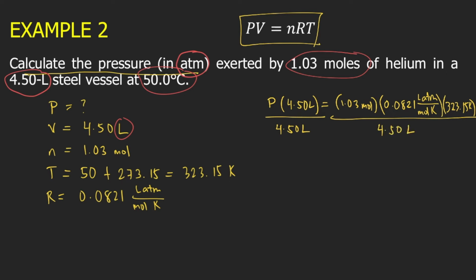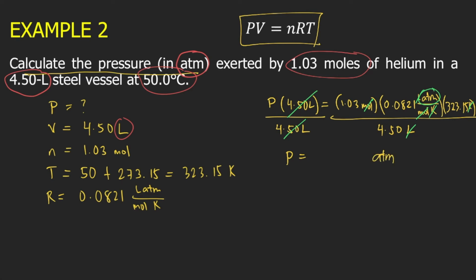Now to solve for pressure, what you can do is you divide both sides by 4.50 liters. So 4.50 cancels on the left side. So what remains on the left side is pressure. And on the right side, as you can see, liters will cancel, moles will cancel, and Kelvin will cancel. So what remains as the unit is ATM, which is the unit for pressure.